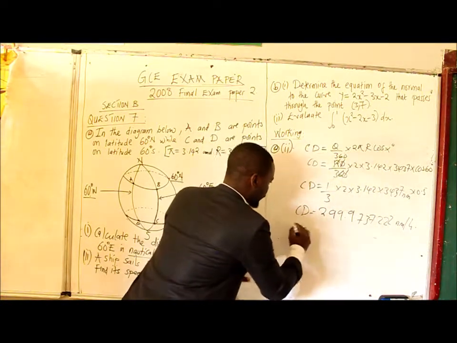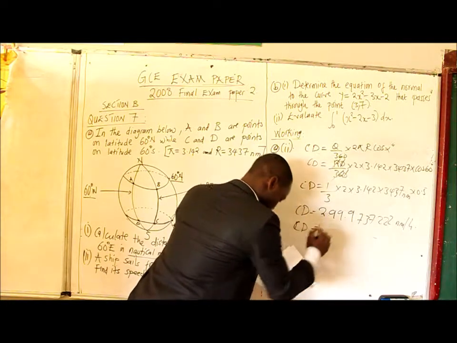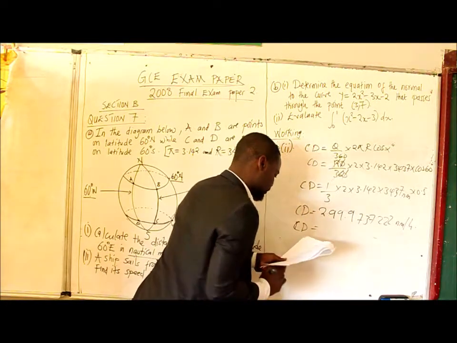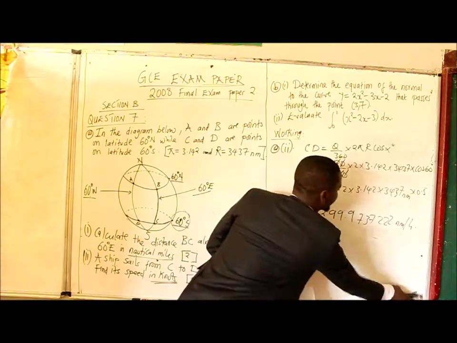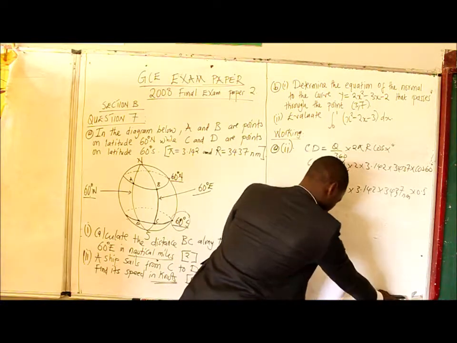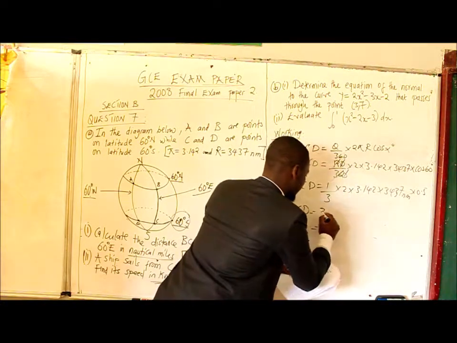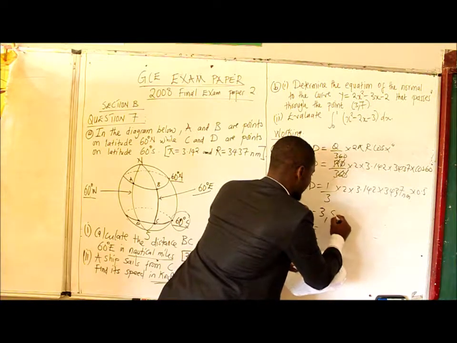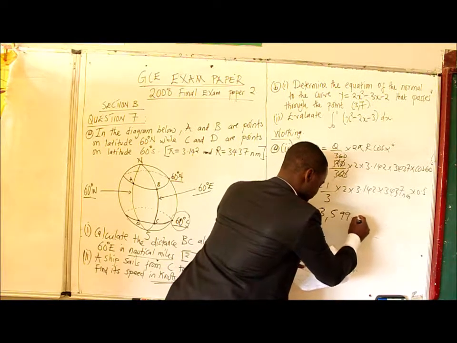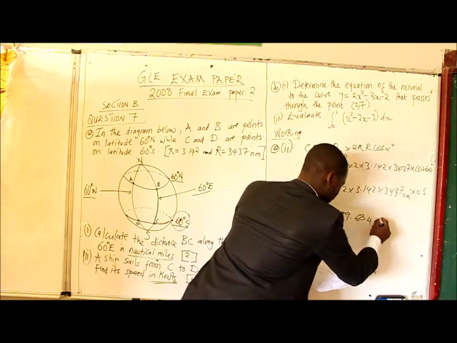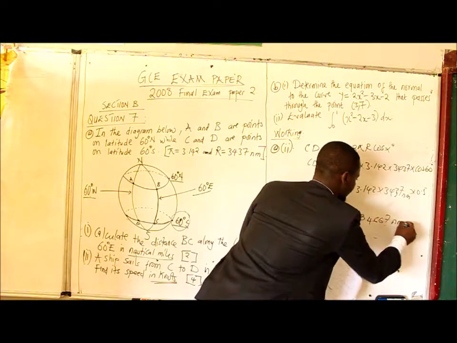Therefore, CD is equal to, if you use your calculator, it will give you 3599.684667 nautical miles.